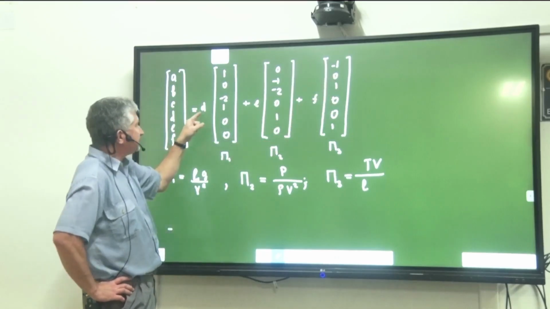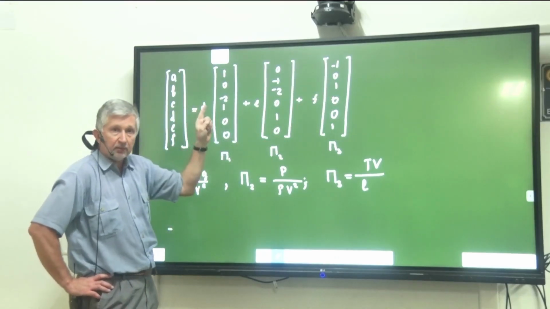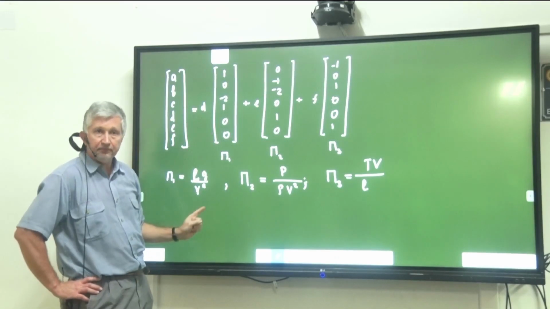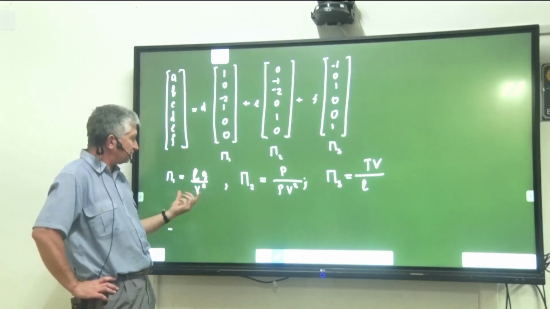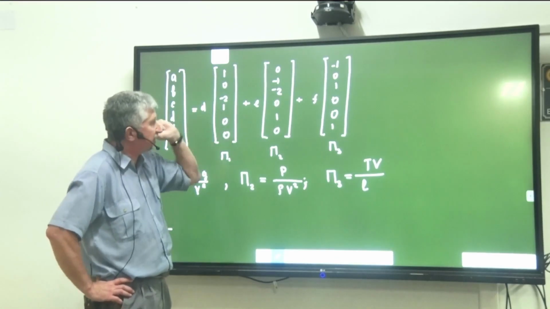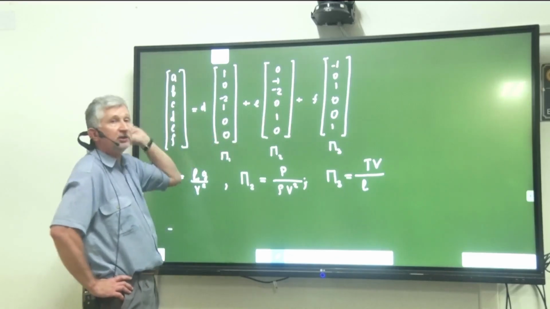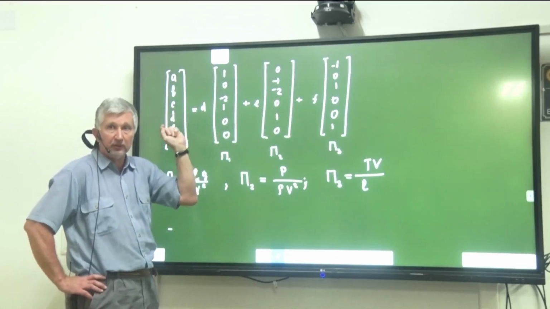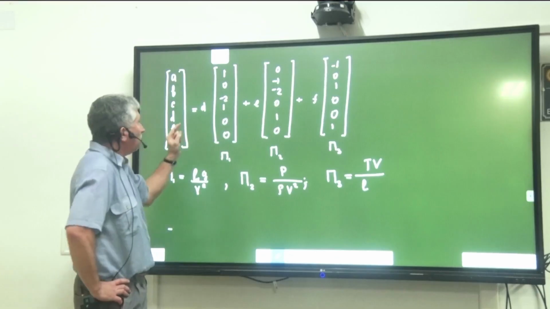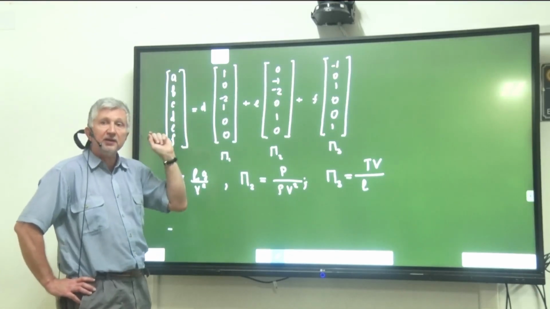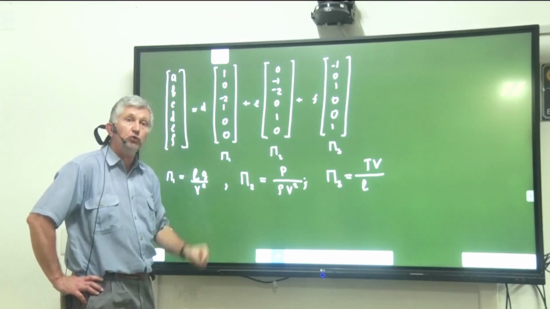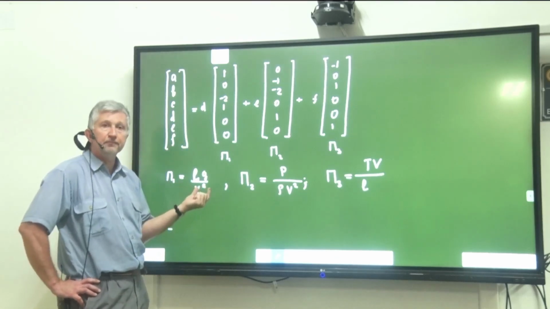Not only that, I set D equal to 1. And then I will get this. Agree? That's what actually happens. So pi 1 is obtained by setting E to 0, F to 0, and D to 1. That's what actually happened. What if I do not set D to 1, but I say D is equal to 2? What will happen with this group?